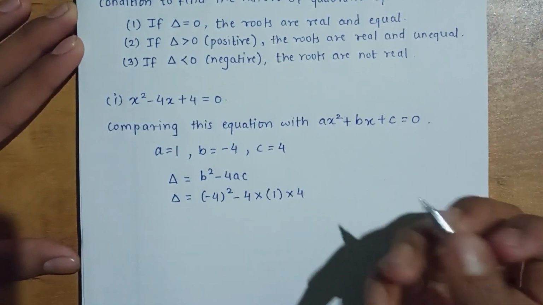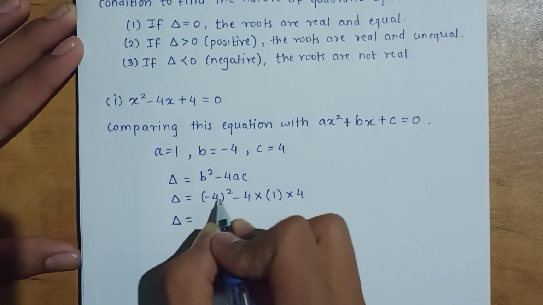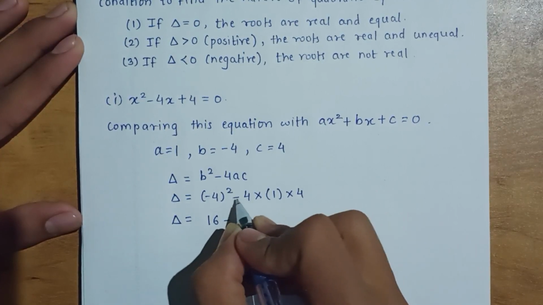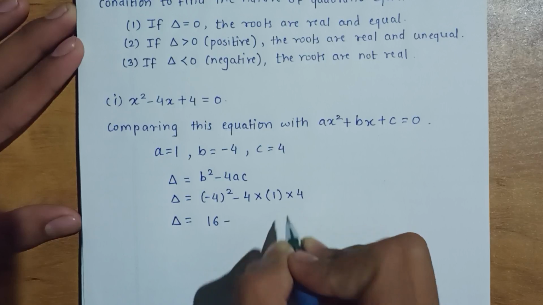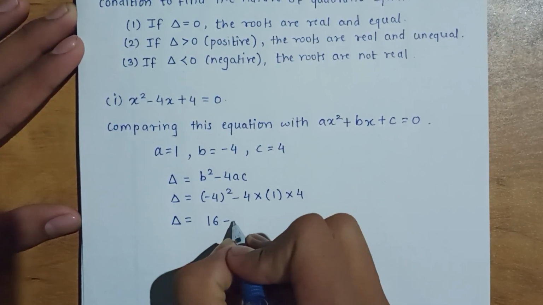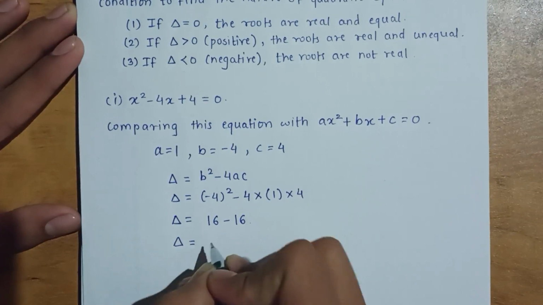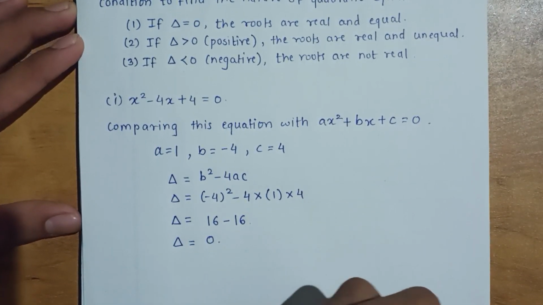So delta equals 4 square, which is 16, minus 4 into 1 into 4, that is minus 4 into 4, 4 4s are 16. So delta equals 0.